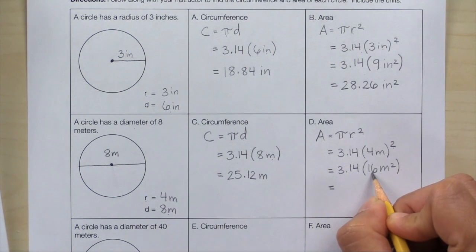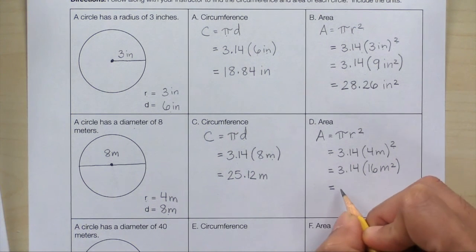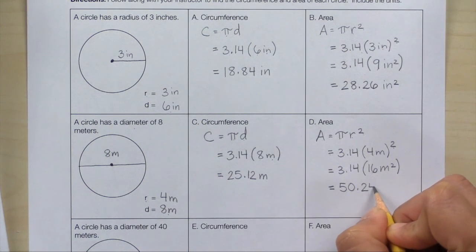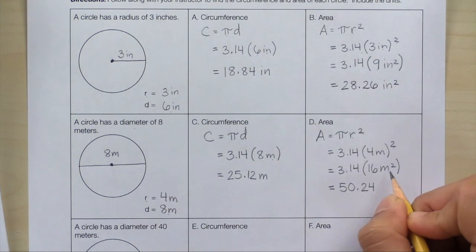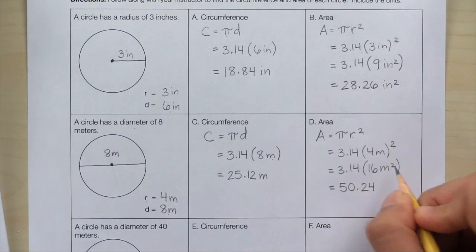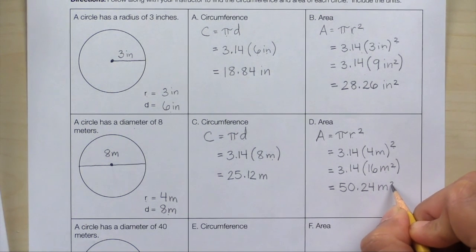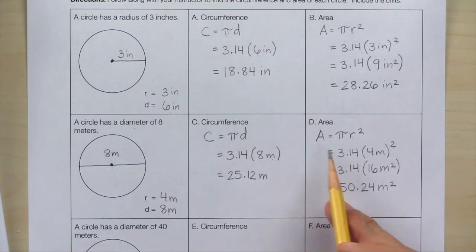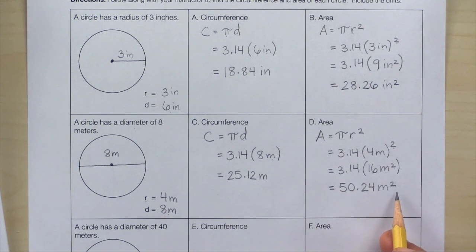Do the work on the side, and you'll end up with 50.24. And our units are meters squared. So our final answer is an area of 50.24 meters squared, or 50.24 square meters.